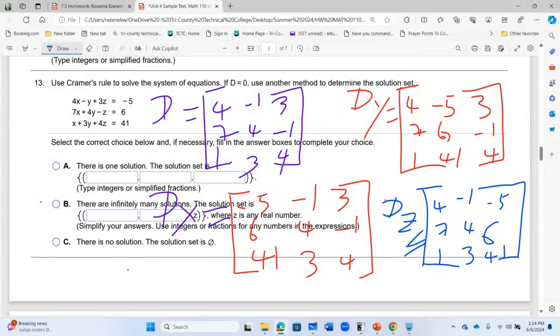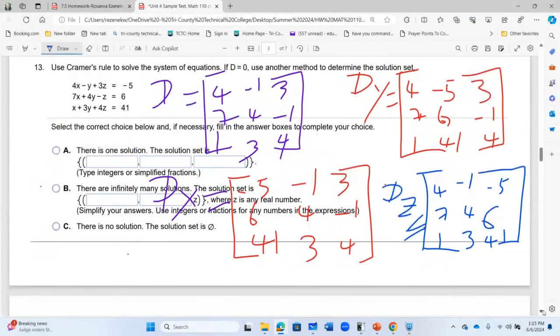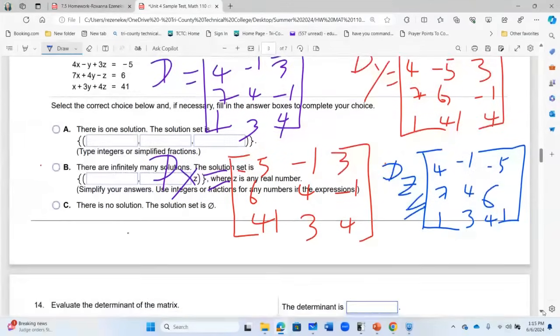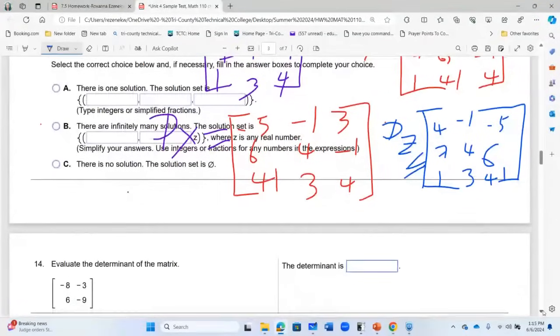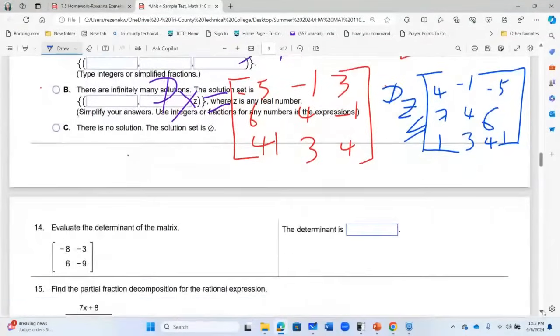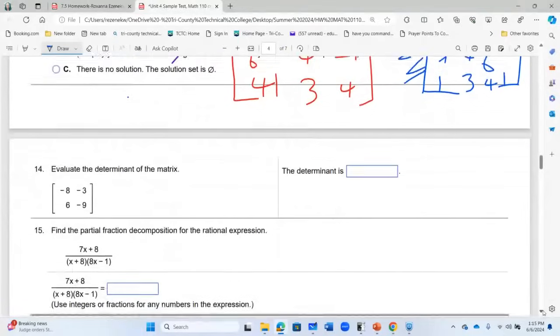Okay, so now evaluate this determinant using cofactors or a calculator, provided that your coefficient matrix determinant D is not equal to 0. The determinant of the coefficient matrix should not be equal to 0.